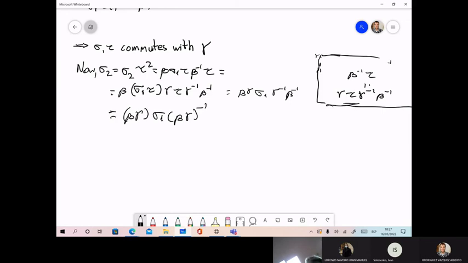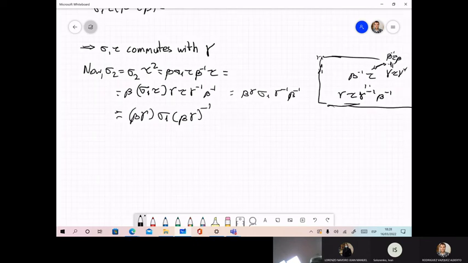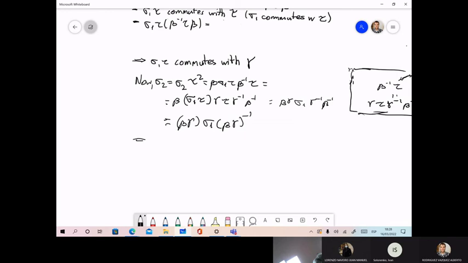yeah. So basically, this is the same as saying that beta minus 1 tau beta is equal to gamma tau gamma minus 1, which is what we wanted to prove.